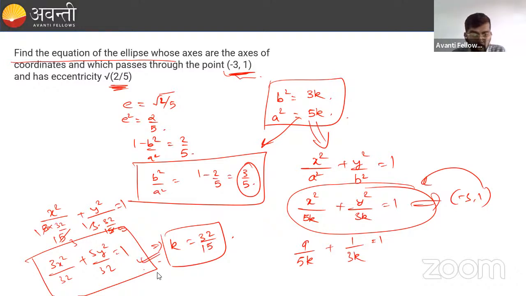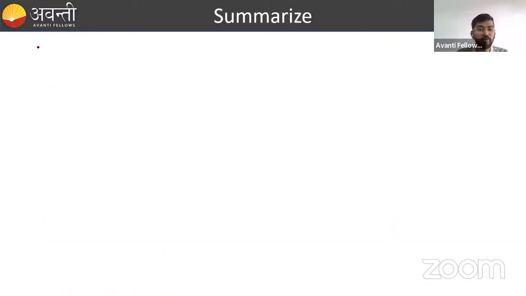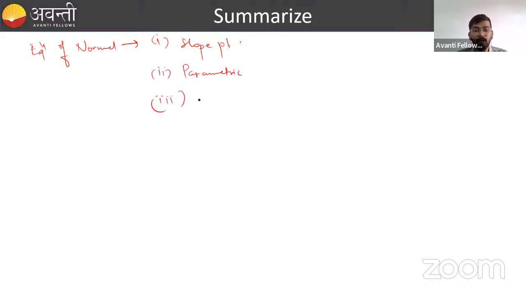So I hope you guys understood this question. So to summarize, what things we did is we studied equation of normal in three forms. First was slope point, second was parametric, and third was when slope of the normal is given as m.